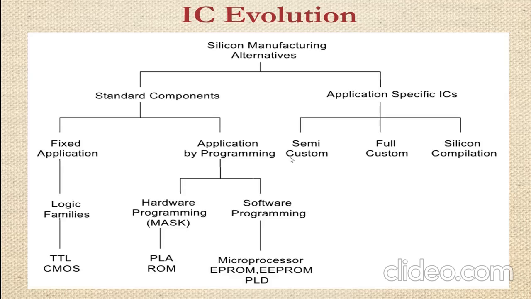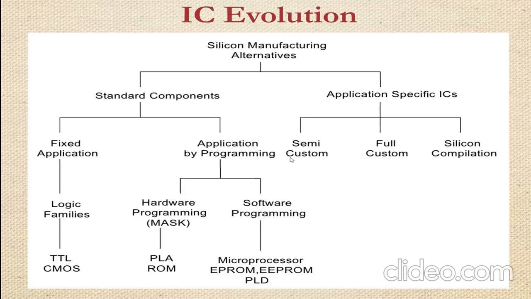Then there are some hardware programming devices like PLA and ROM, which are programmable, but these are standard components. Another category is the software programming devices, that is microprocessor, EEPROM, E2PROM and the different PLDs, the programmable logic devices.